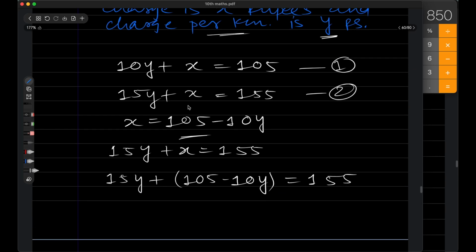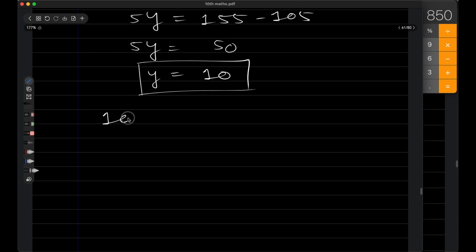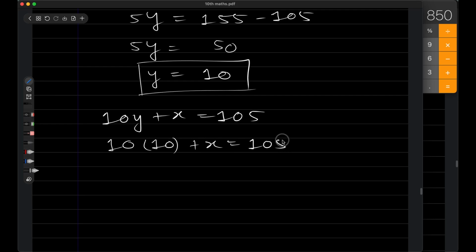Now the fixed charge, that is x, we can put the value of y in any one of the equations, that is 10y plus x equals 105. We have the value of y, 10 into 10 plus x equals 105. We have the value of x equals 105 minus 10 into 10, 100.